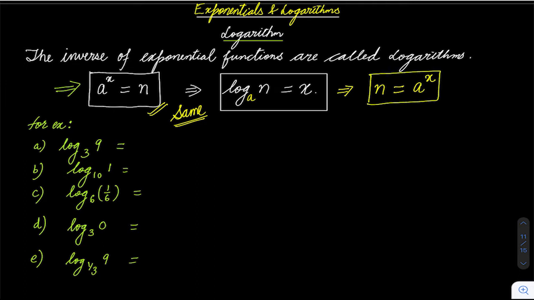So if an exponential equation is given, you can convert that into logarithm. If a logarithmic equation is given, you can convert that into exponential form. This is important because this will help you to solve logarithmic equation questions. And in some exponential equations, you will also require log.